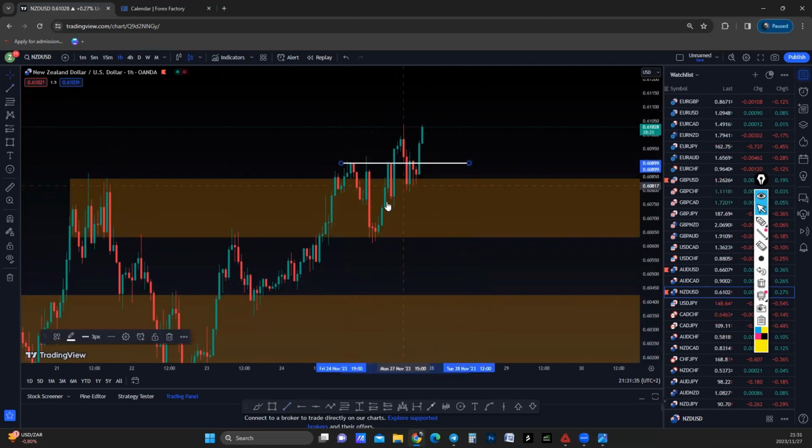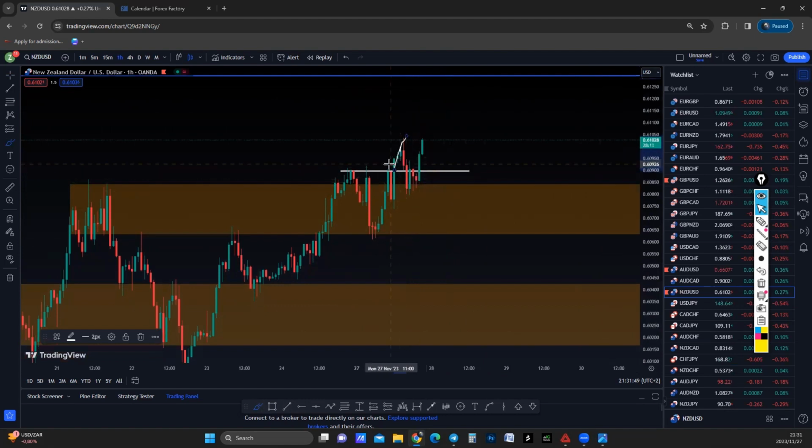I was expecting to see the market break above it, come to retest and make a continuation. As long as the market is still above, I'm so confident that the market is going to continue going up. So it went above, came to retest, and then broke above.